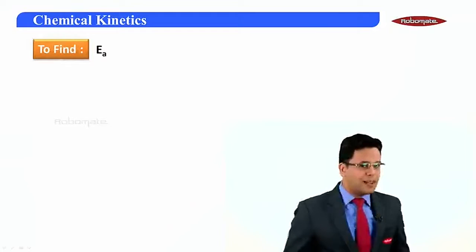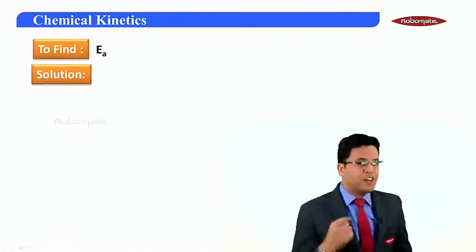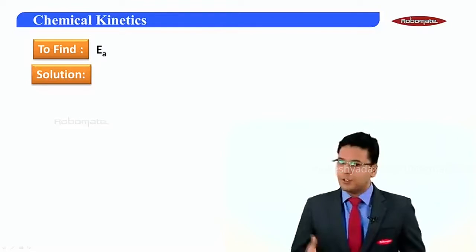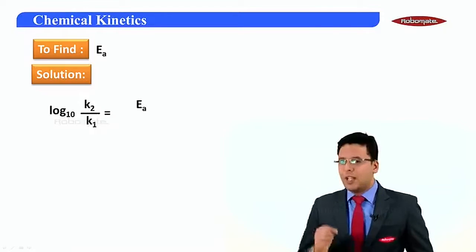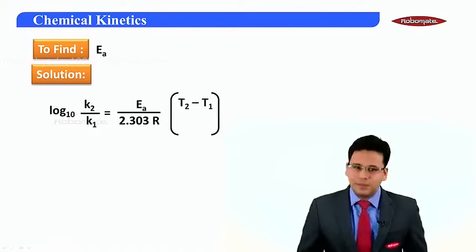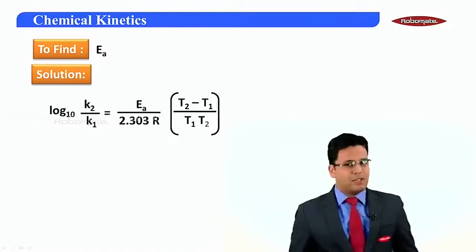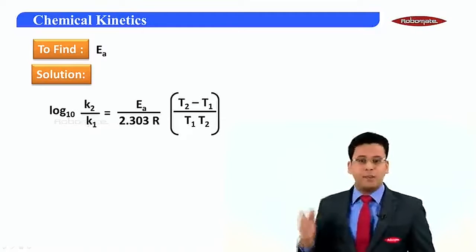So in order to find our activation energy, in order to get the solution, we first have to know the formula. We know that log of K2 upon K1 is equal to EA upon 2.303 R into T2 minus T1 upon T1 into T2. That's the formula with which we even solved one numerical before.